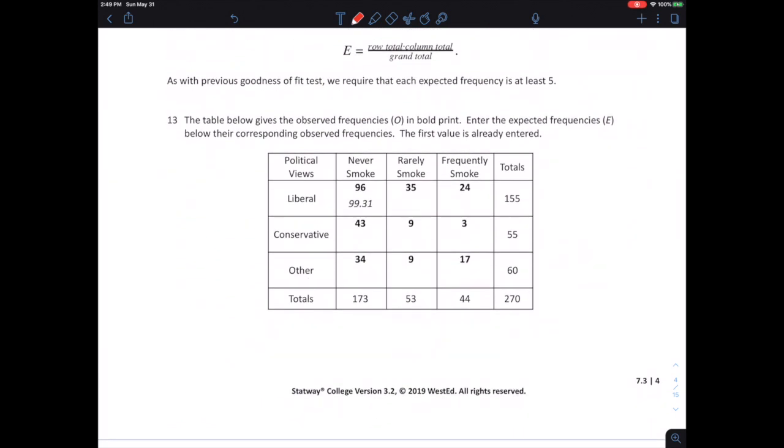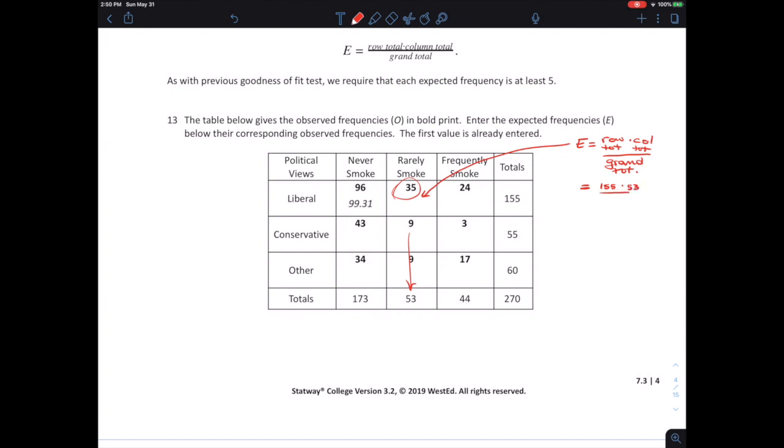So how about this one here? The expected frequency is the row total times column total divided by grand total. So here, the row total is still 155. For this number, this 35, the column total was 53.